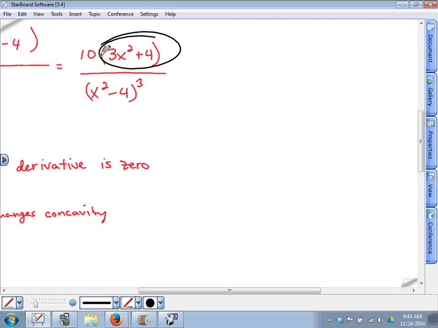Is 3x squared plus 4 ever going to equal 0? Just think about the term 3x squared. Whatever x is, what is 3x squared going to be? Positive. And then you add 4? Positive. And then you times 10? Positive. Wait. That whole entire numerator, 3x squared plus 4 times 10? It's never going to equal 0.